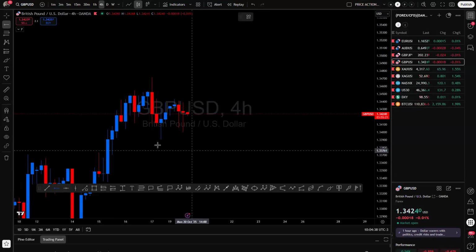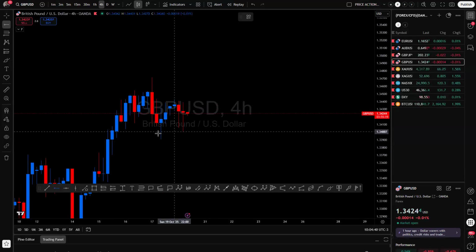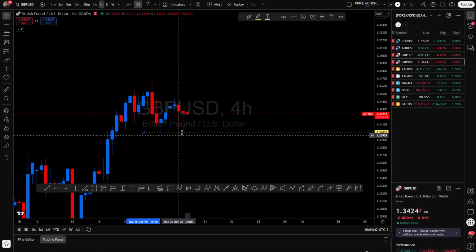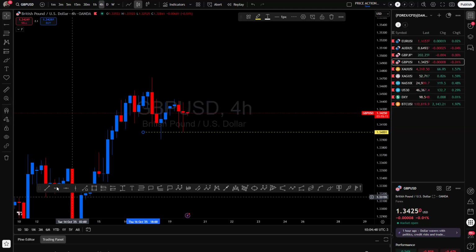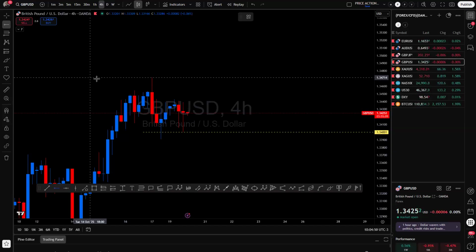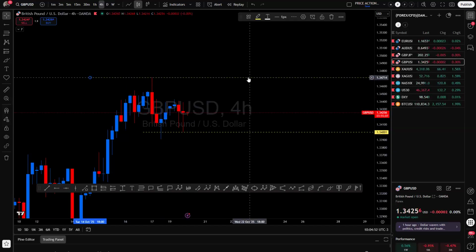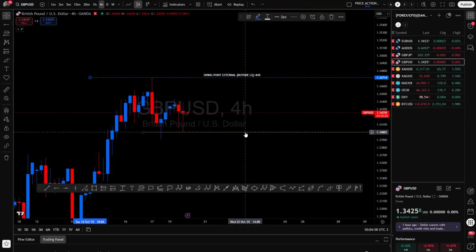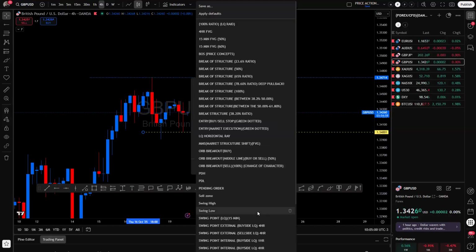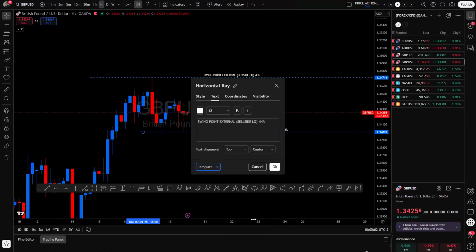We see that there is sell side liquidity here because this wick wiped out this previous daily low wick here. But we also have buy side liquidity right here. And this is buy side, and this is the sell side.